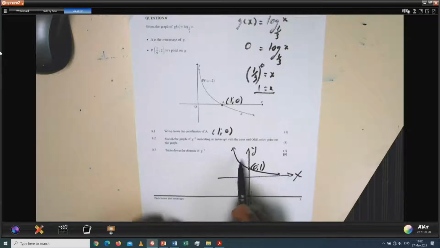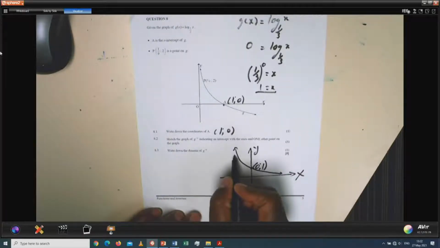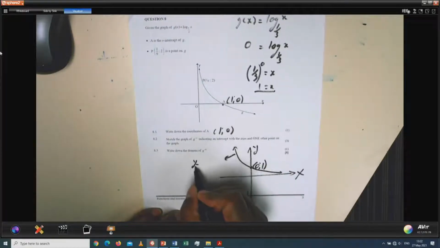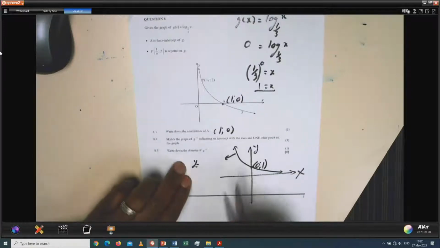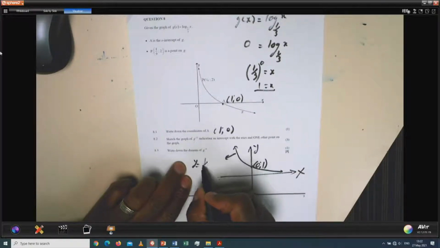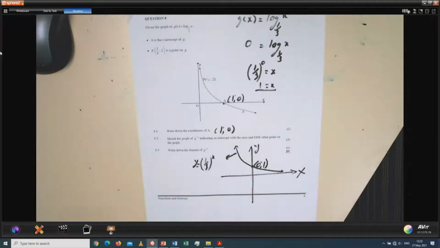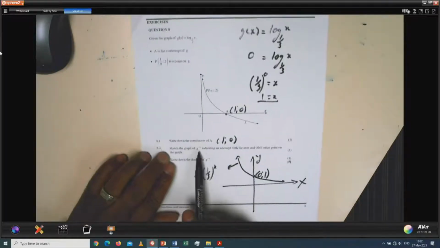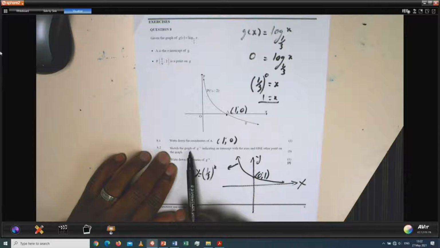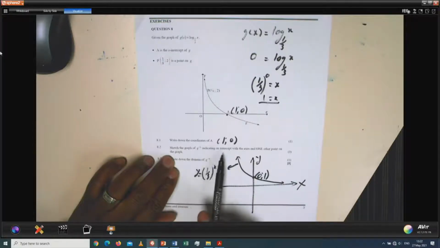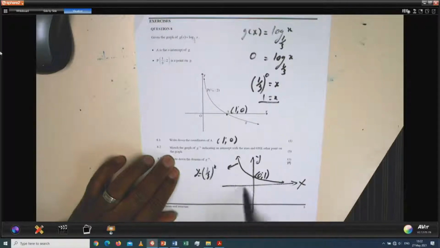Remember, this is the graph of y equals 1 over 3 exponent x. Indicate any point except the x-intercept. The question wants us to sketch the graph of the inverse, indicating intercept with the axis. Here is the intercept. There will be no intercept with the x-axis, because the x-axis will now be serving as the asymptote.